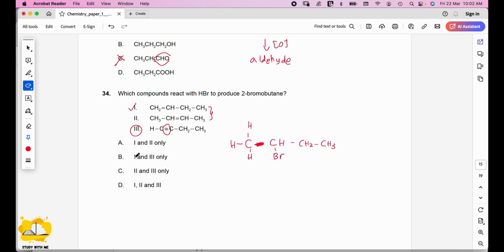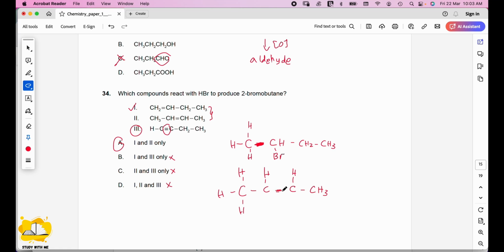So definitely 3 is not, then definitely the answer is A. Without checking the second one you already know the answer is A, but let me explain the second reaction. CH3 as well. So CH and then CH and CH3.